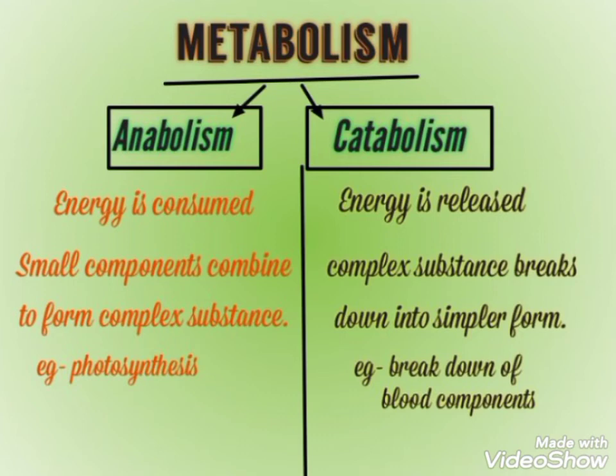And the reactions in which energy is released and complex substances break down into simpler forms, this type of reaction is called catabolism. For example, breakdown of blood components or the breaking down of complex substances consumed by us in our food, and in this process energy is also released. So it can also be taken as an example of catabolism.